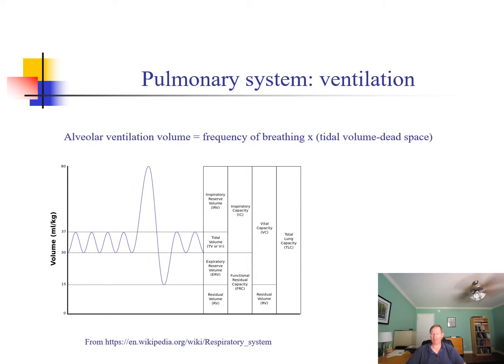Now, I have the ability to breathe more deeply or exhale more. For example, I can take a very deep breath and access what's called an inspiratory reserve volume, or conversely, I can breathe out and access an expiratory reserve volume.